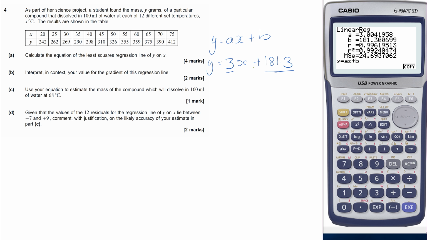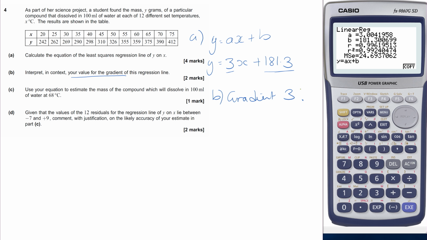So now I've been asked to interpret in context the value of the gradient for my regression line. So that's part A. For part B then, the gradient is equal to 3. So what this means is that for every 1 unit increase in x, y is going to be increased by 3.